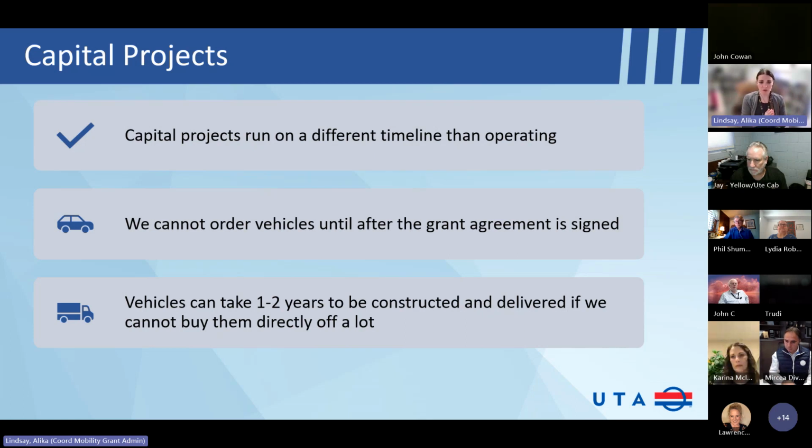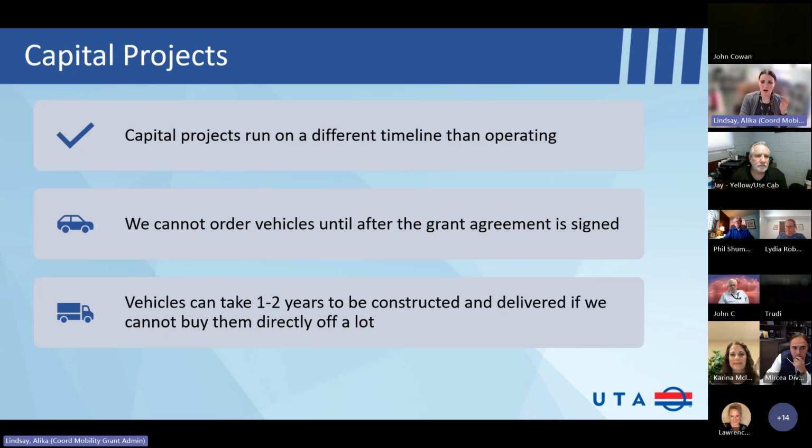That's going to shorten our wait time a lot. So we are hoping that moving forward in the future, it's going to be easier. We're going to get vehicles faster and we're going to be able to stick to the FTA's timelines better because that's what they want to see from us. They want to see it back on track with our milestone dates. So I just wanted to let you know about that.